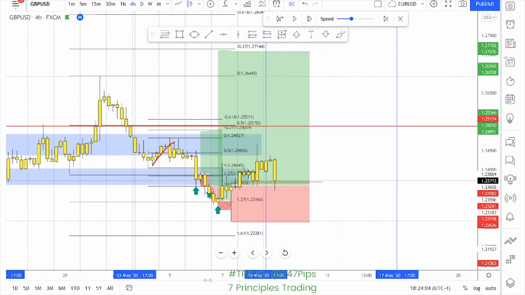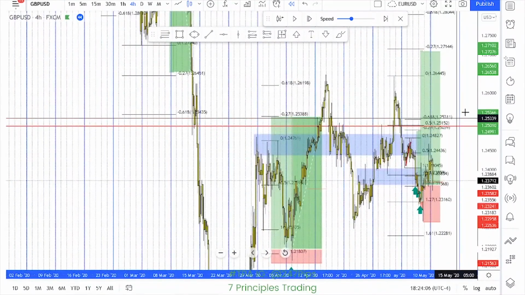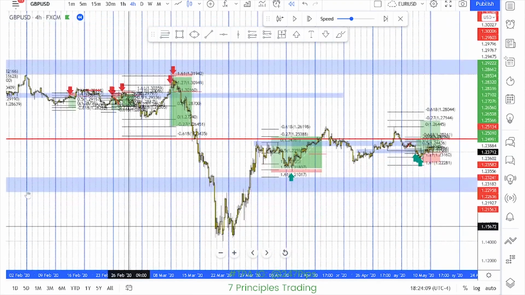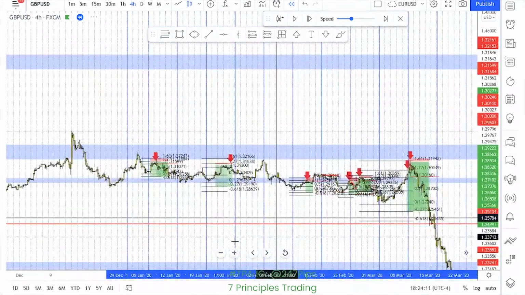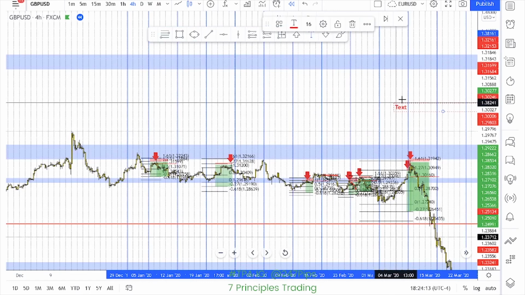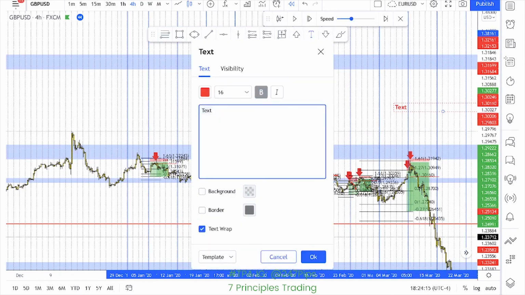Let's just have a quick review of the trades that we took and see what our total results are. And maybe I can just type this here. So we're going to have trade number 1 to 10.